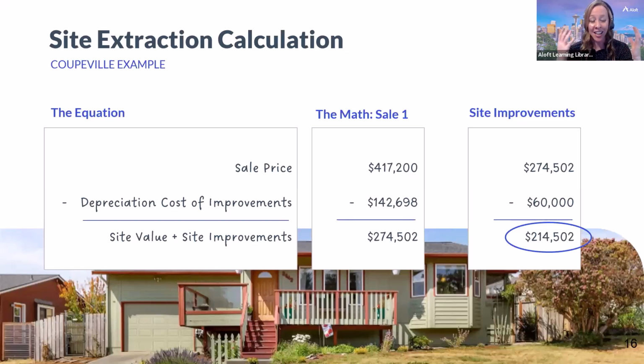So instead of thinking of the 5 to 10% rule of thumb or the 30 to 75,000, we are talking about $214,000 of added value due to all the things that somebody did to improve that from raw land to an actual site.